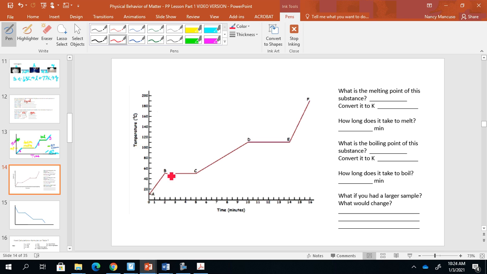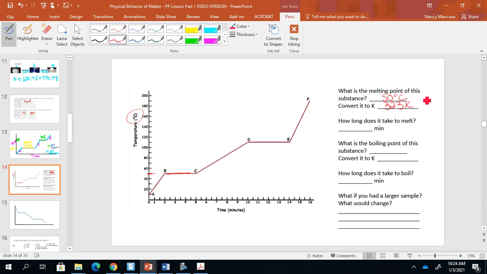So I know melting point is going to be right here. So I go across, it's right there. So that is 50 and we're in degrees Celsius. So 50 degrees Celsius. And then to convert it to K, I have to add 273. So 273 plus 50 is 323 K.